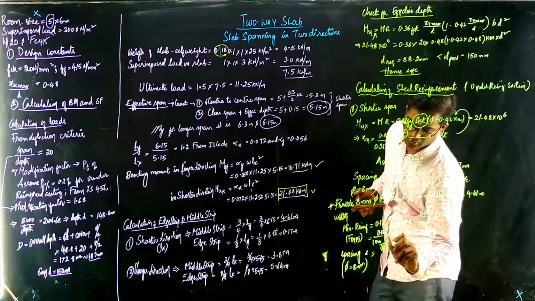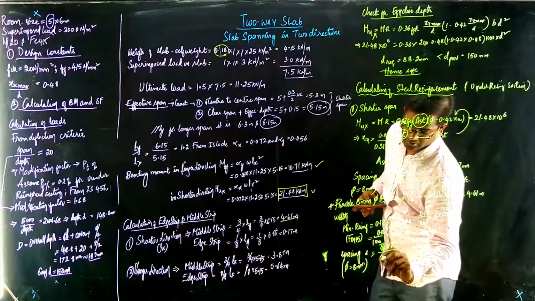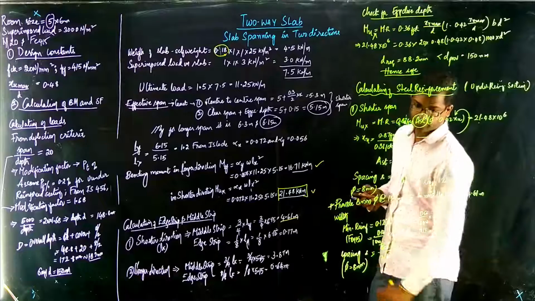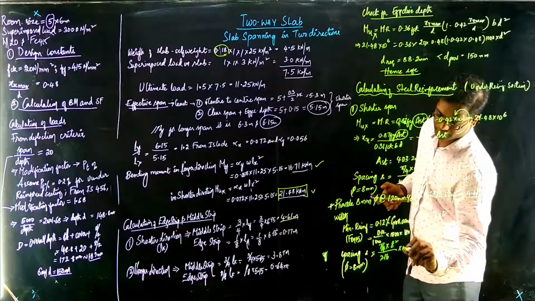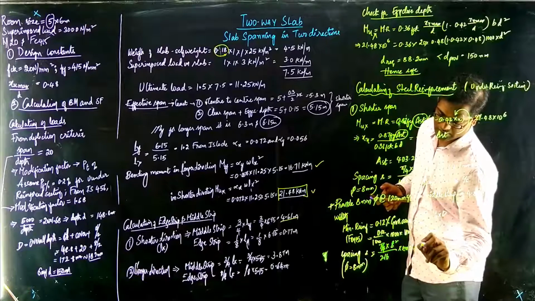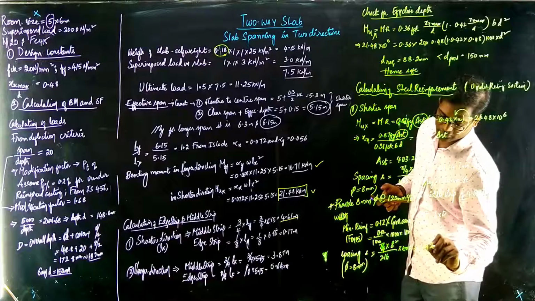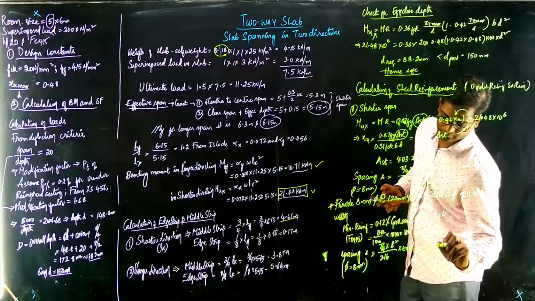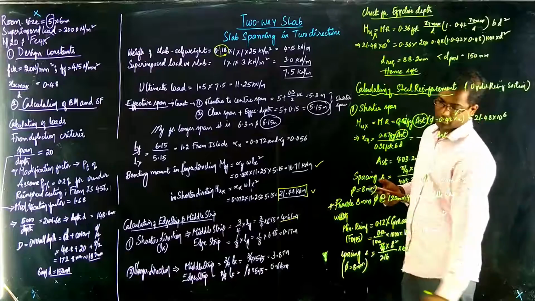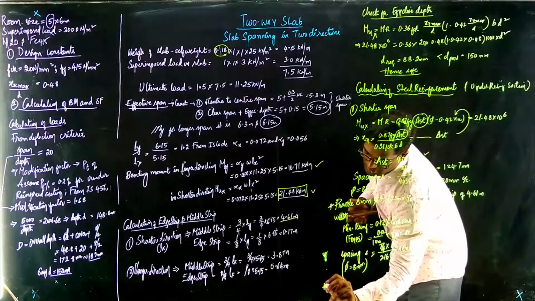5 by 4 into 8 square divided by 216 into 1000. Say approximately this as 240. Write down the statement here.